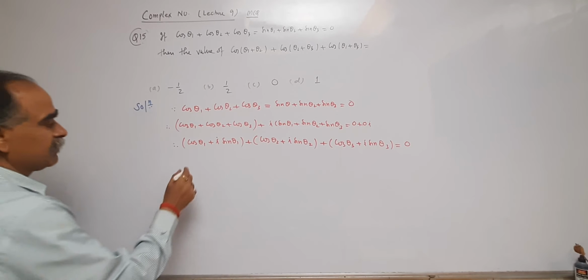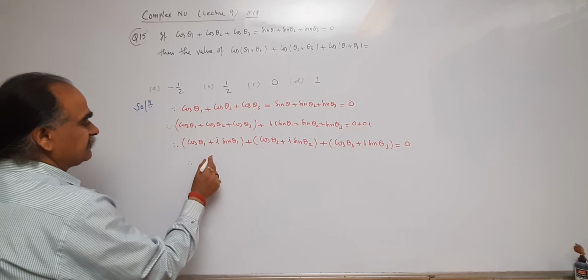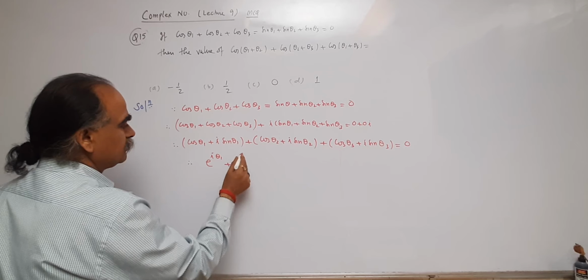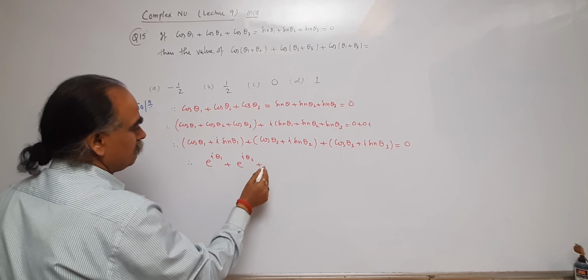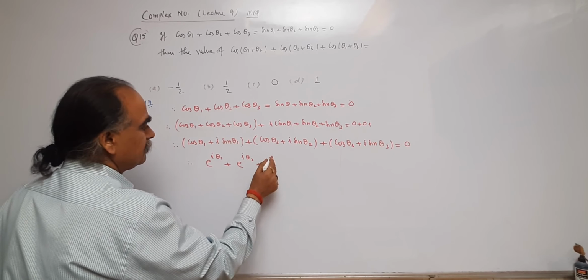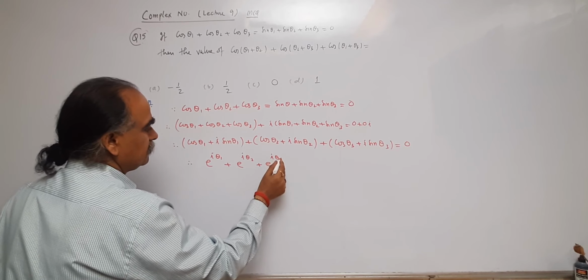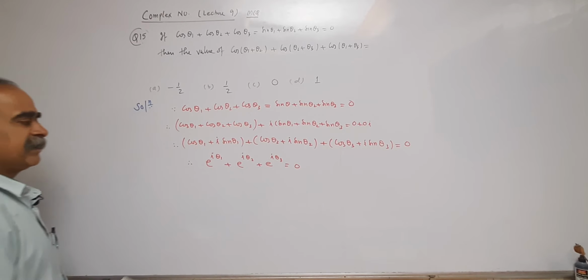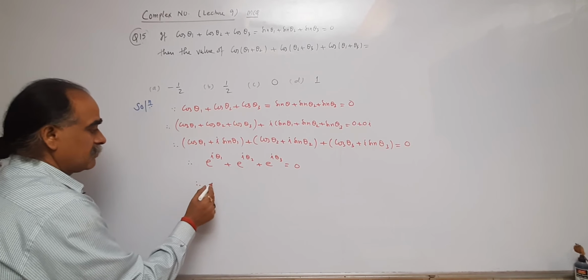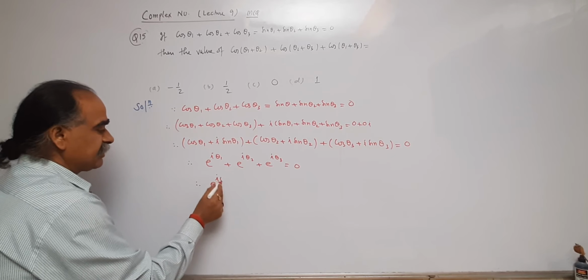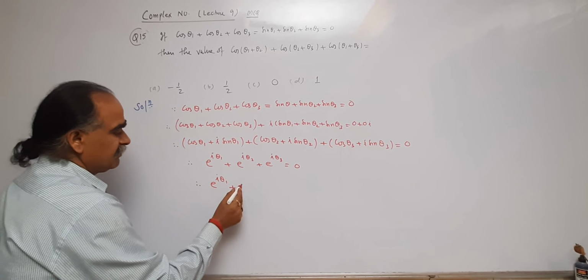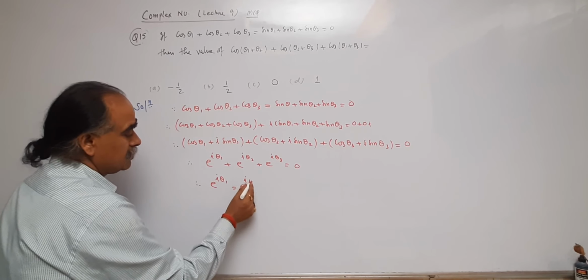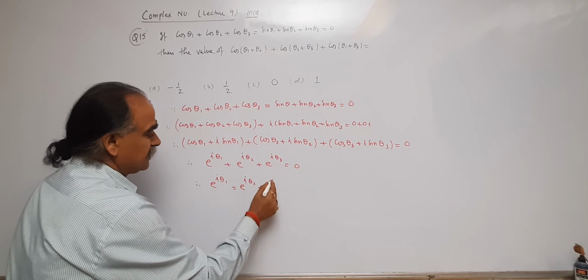And this is Euler's formula. So e raised to i theta 1 plus e raised to i theta 2 plus e raised to i theta 3 will be 0.